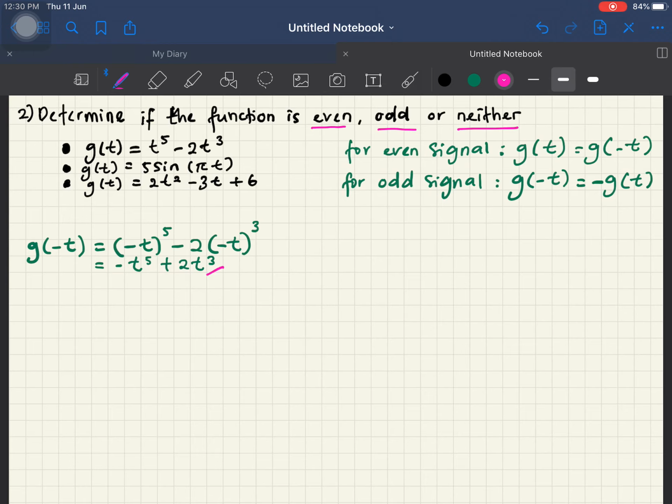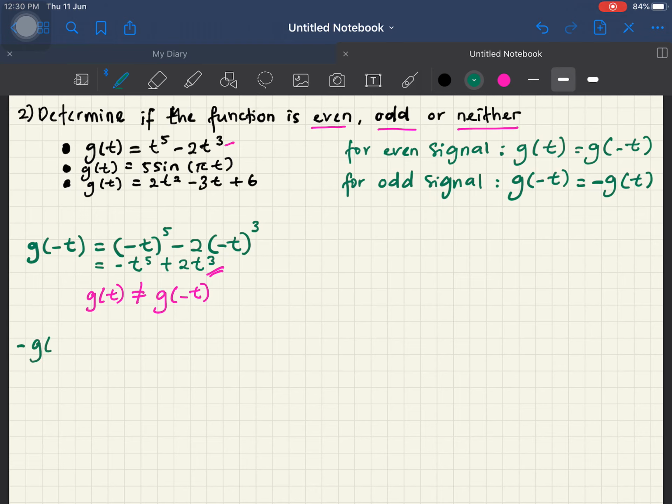When you look here, this signal is not equal to the original signal, so g of t is not equal to g of minus t. This is not an even signal.